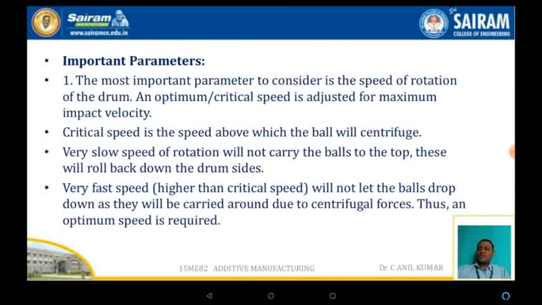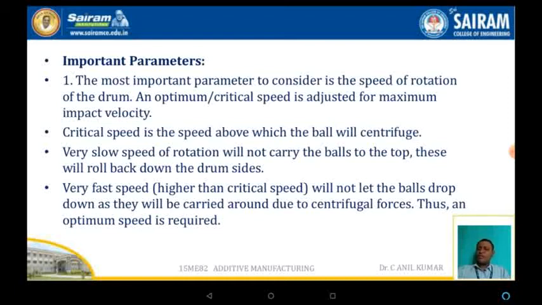The important parameters. The most important parameter to be considered is the speed of rotation of the drum. An optimum speed is adjusted for the maximum impact velocity. The critical speed is the speed above which the ball will centrifuge.